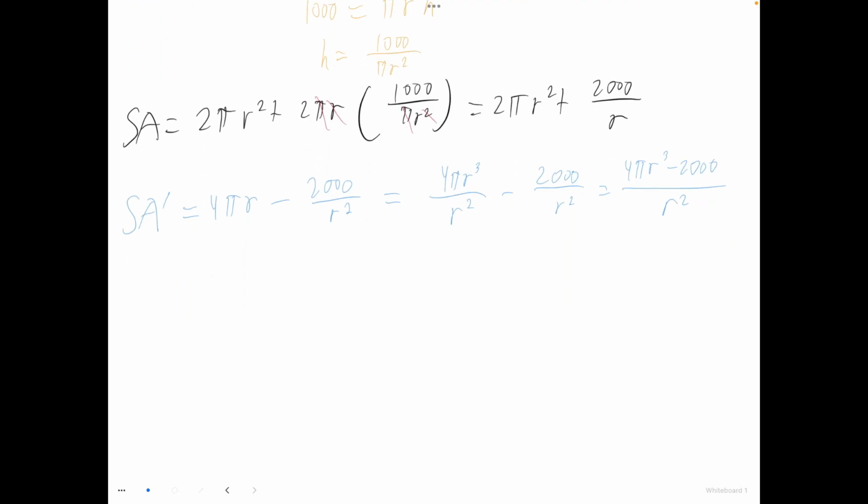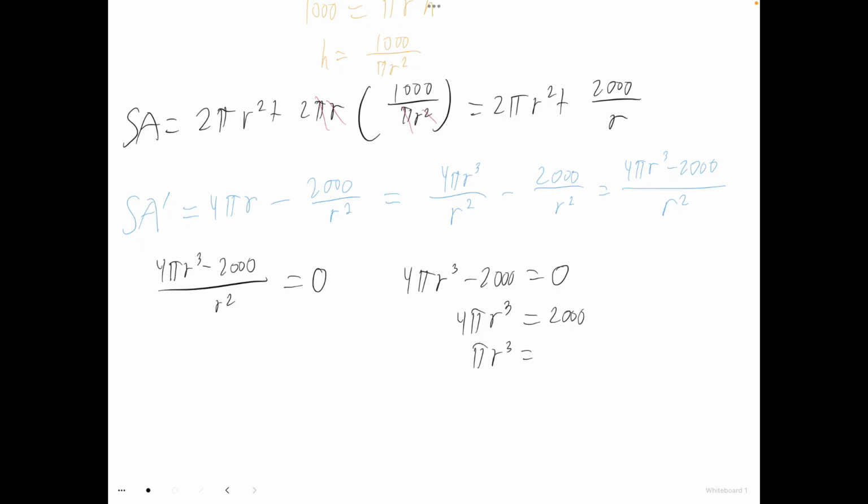And so we want to know when this is 0, so we're going to set 4 pi r cubed minus 2,000 divided by r squared equal to 0. Since r squared is not 0, we just really care about when is 4 pi r cubed minus 2,000 equal to 0. So that's going to be when 4 pi r cubed equals 2,000.